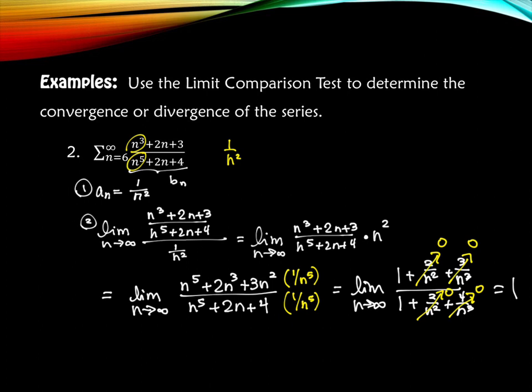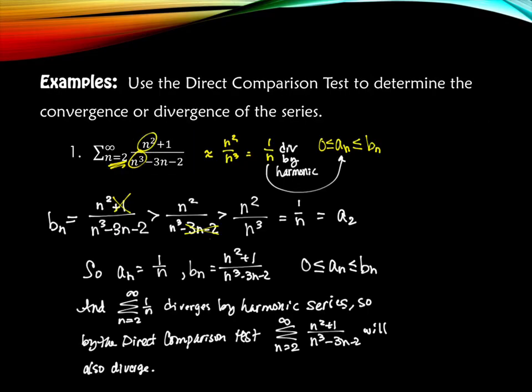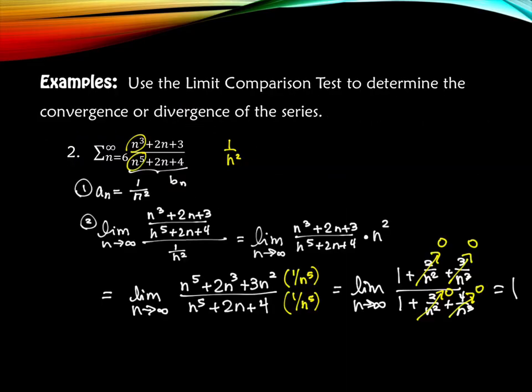So the number doesn't matter. If I was trying to establish the relationship over here and there was a 3 on top, I'd need to make sure that the comparison thing I picked had a 3 in it as well. Over here, I don't need to worry about the constants that are different. I really only have to worry about the exponents being the same, making sure those match. All right, so this was equal to 1, which is greater than 0.